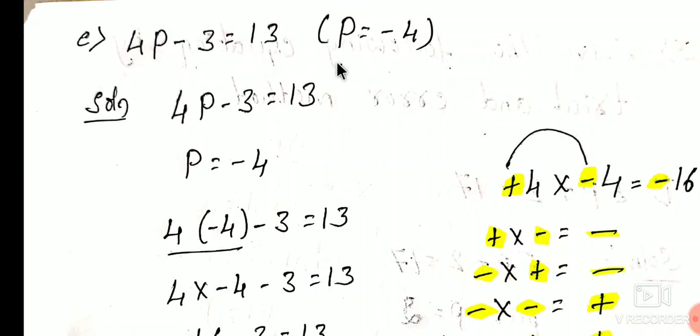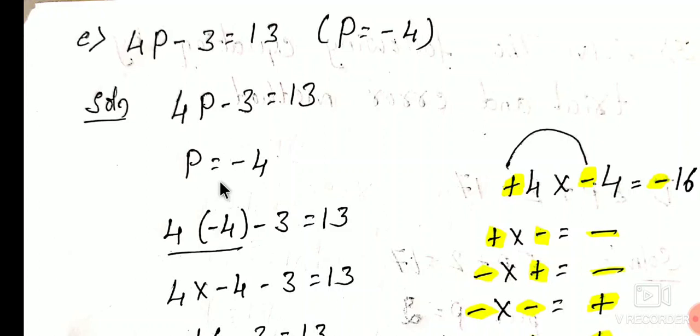So the variable value is minus 4. So 4p minus 3 is equal to 13. We have to substitute the value of the variable, which is minus 4.